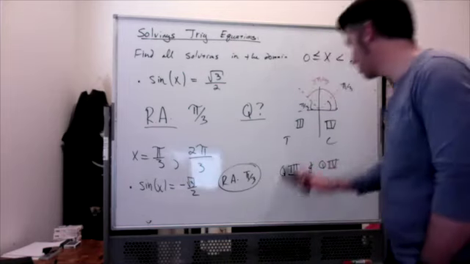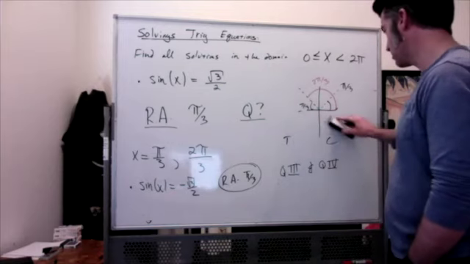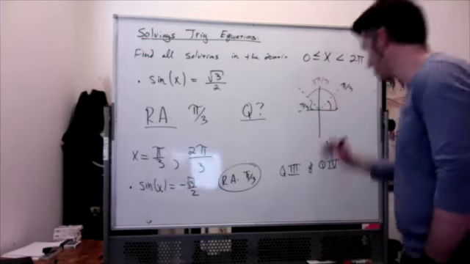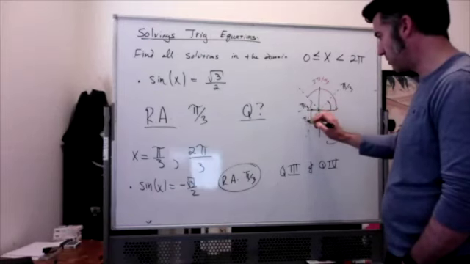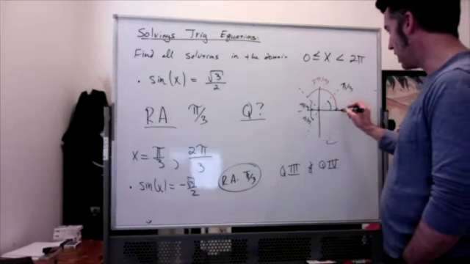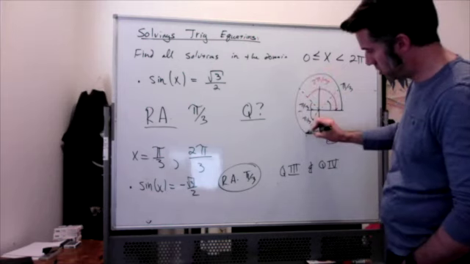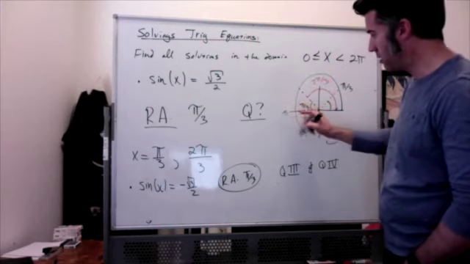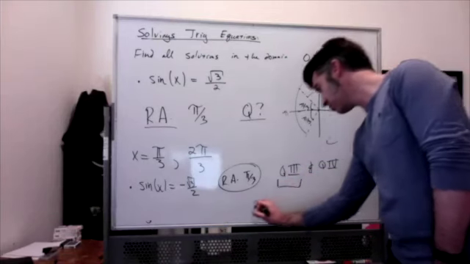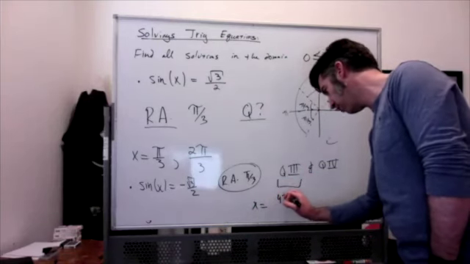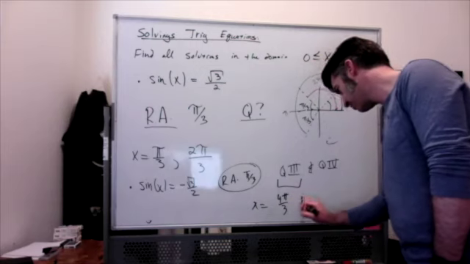So in quadrant 3, there's my angle whose reference angle is pi over 3. The actual angle is pi plus pi over 3, which is 4 pi over 3.